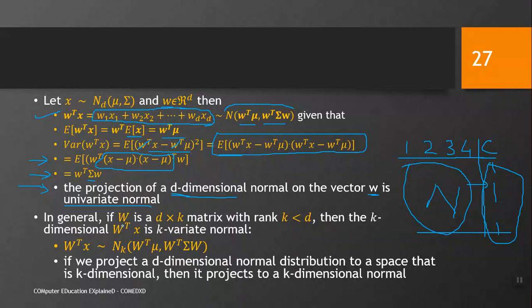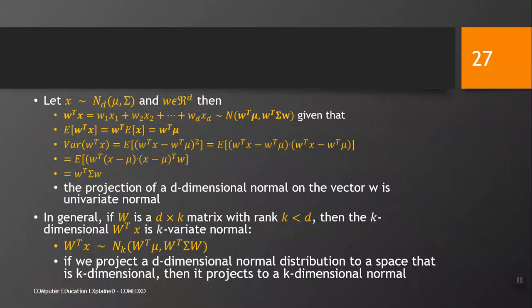In general, if W is a d by k matrix with rank k, which is less than the number of dimensions of our data, then k-dimensional W^T x is k-variate normal, right? So in that case, the number of dimensions would determine the dimension of the normal distribution.